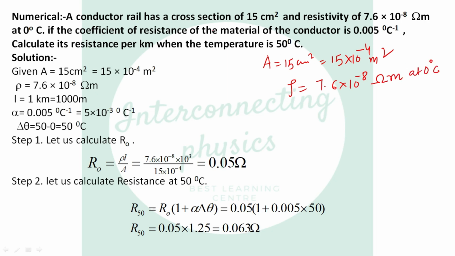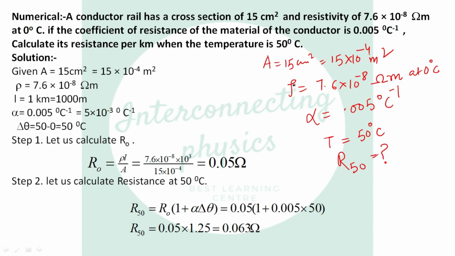If the temperature coefficient of resistance of the material is 0.005 per degree Celsius, we are given alpha, then calculate its resistance per kilometer when the temperature is 50 degrees Celsius. We are given the temperature, 50 degrees Celsius, and we have to calculate the resistance R50.